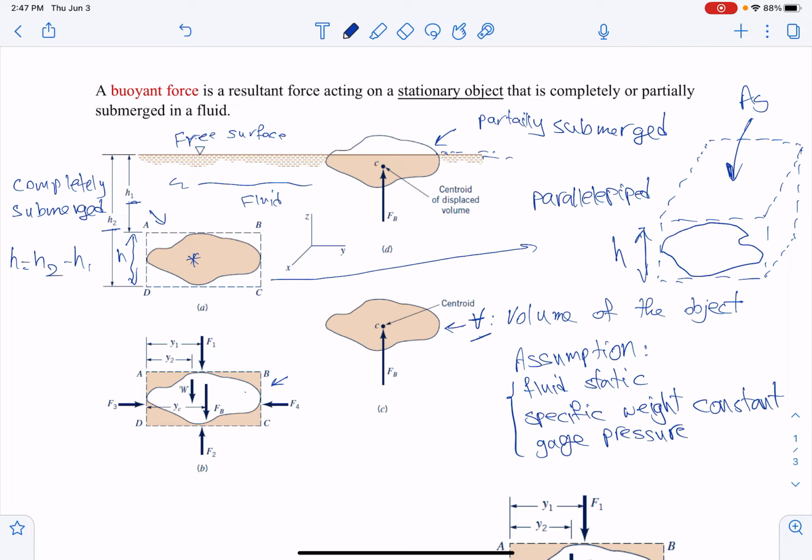So these are also our assumptions, and now it's time to draw our free body diagram, because we have to figure out all of the forces on the shape that we have. In the previous section, when we have a body in a fluid, we know that there is pressure acting on the bottom of this shape, so we can call it P2. Actually, we have pressure from all sides of the body.